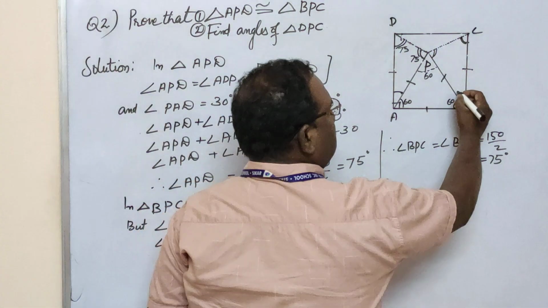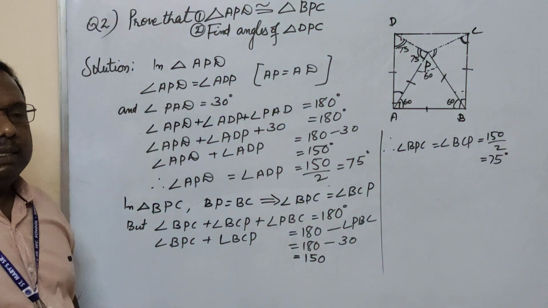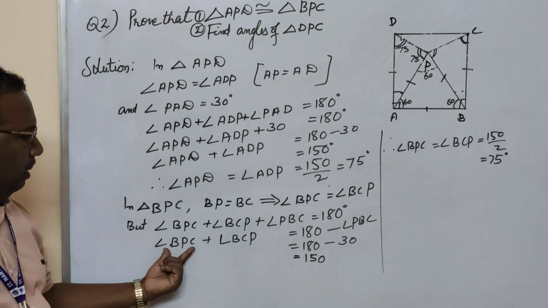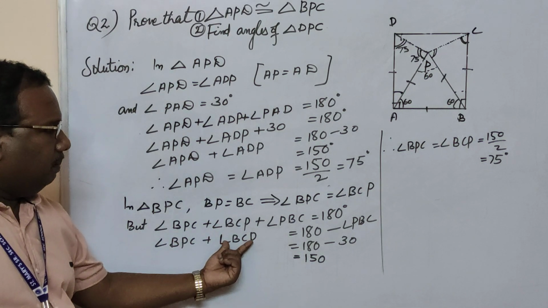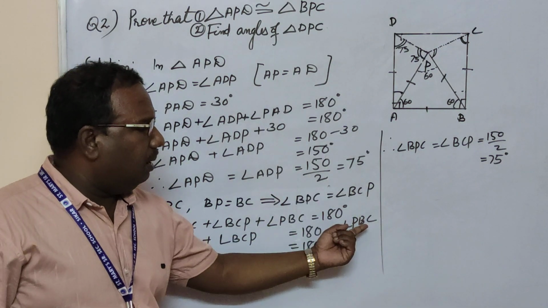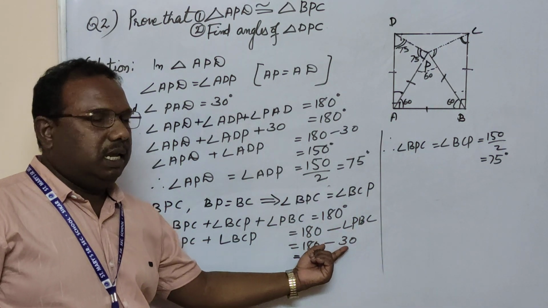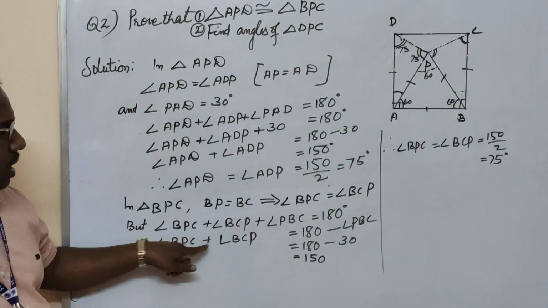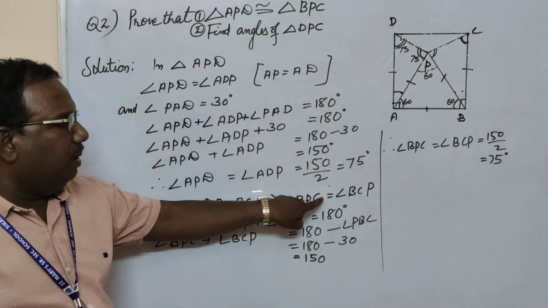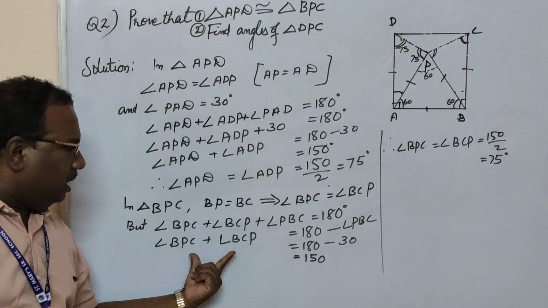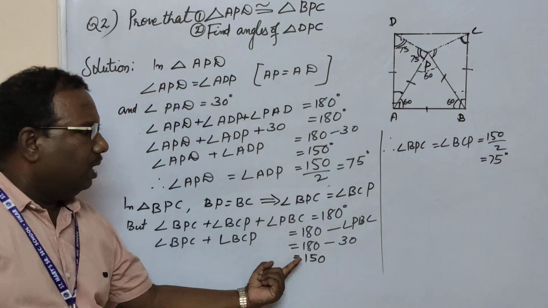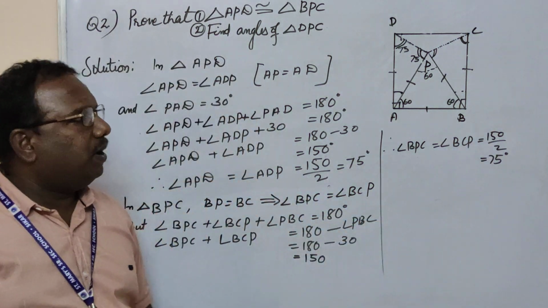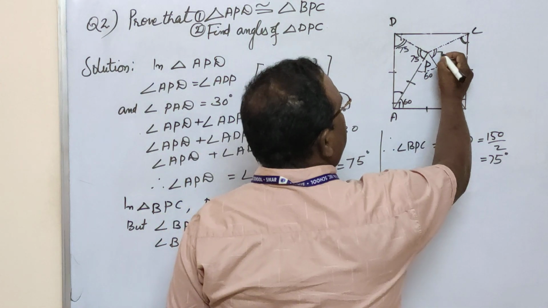We know angle PBC is 30 degree, we already calculated. After substituting, angle BPC plus angle BCP equal to 180 minus 30 degree is equal to 150. Now these two angles are equal, and the sum is equal to 150. Therefore each of these is 150 by 2 equal to 75 degree. This is also 75 degree.